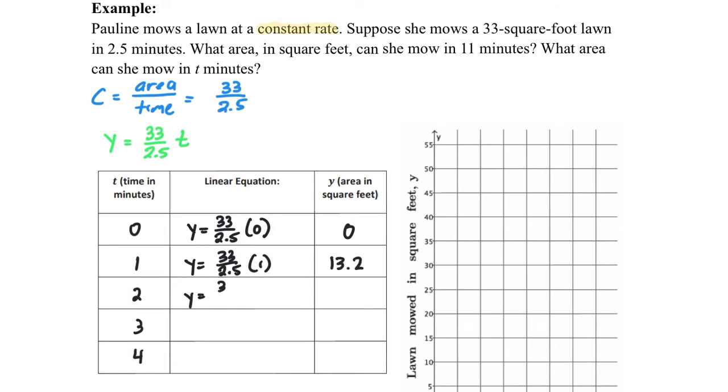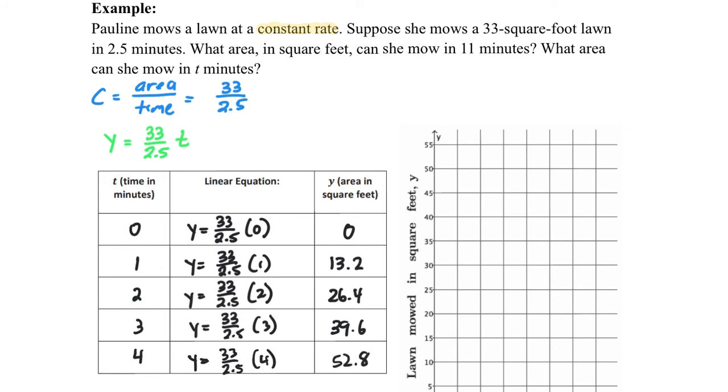This is going to be 33 over 2.5 times 2, which is going to be 26.4. This is going to be 33 over 2.5 times 3, which is going to be 39.6. And finally, this is going to be 33 over 2.5 times 4, which is going to be 52.8. Okay, so now I can graph this.